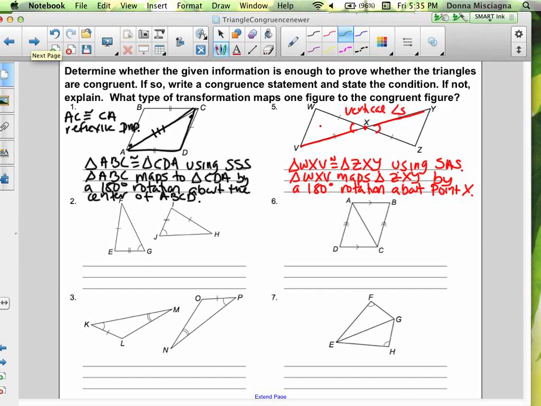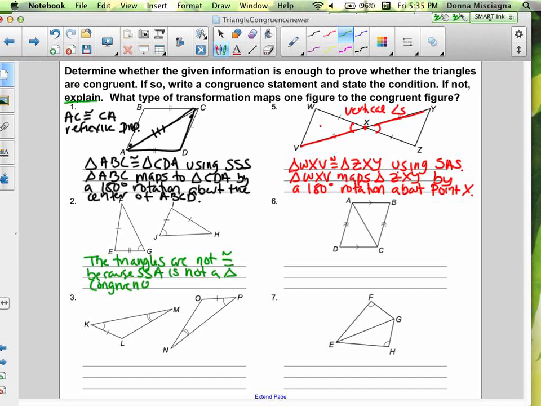All right, so here, let's look at what we have. We have side angle. So these are not congruent, and when they're not congruent, we're going to explain. You're going to do the same thing in your homework. So here, the triangles are not congruent because side angle is not a triangle congruence postulate, and we need to explain why.